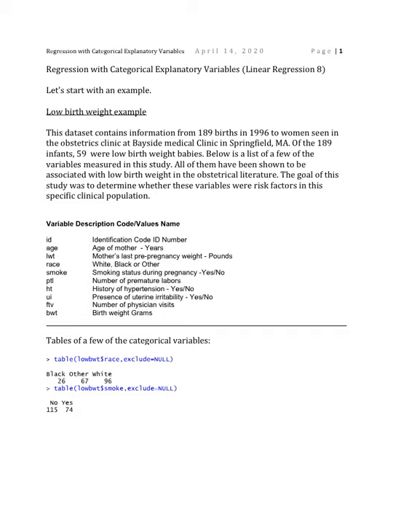And so here's a list of some of the variables they collected, and you can see here we have a mix of some numeric variables like age of the mother's weight, and then some categorical variables like race, smoking status, history of hypertension.